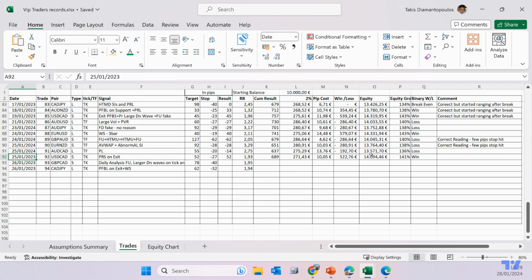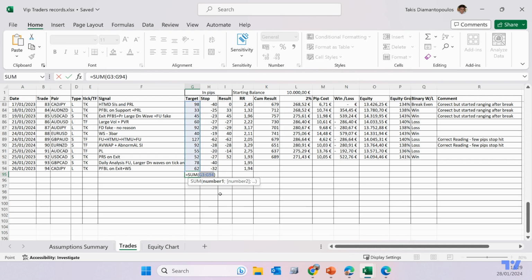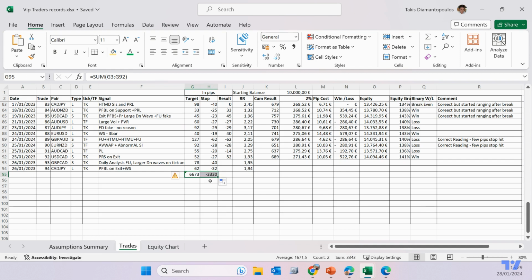So let's see in a chart how it looks like. Now, before we do that, my average RR here, if I add my full target without the last two, up to 92, and also my stop, this is on the trade where I placed my target and my stop.